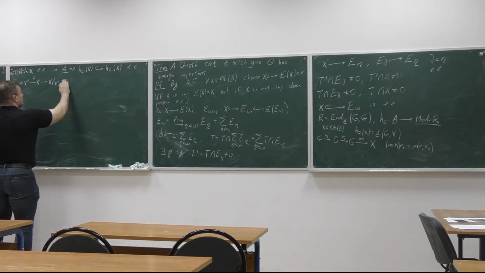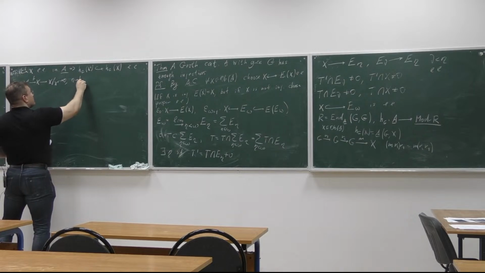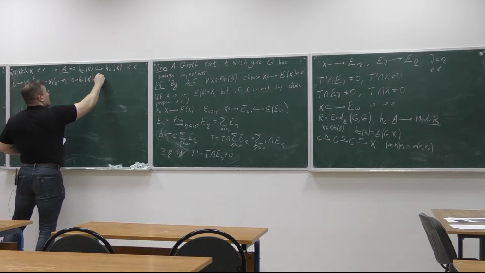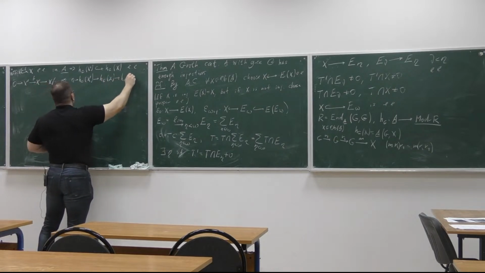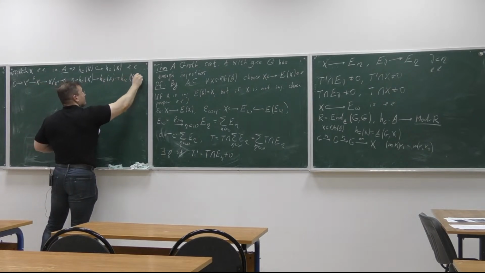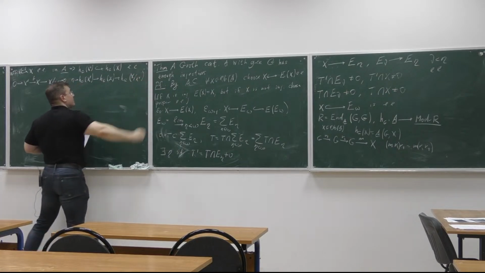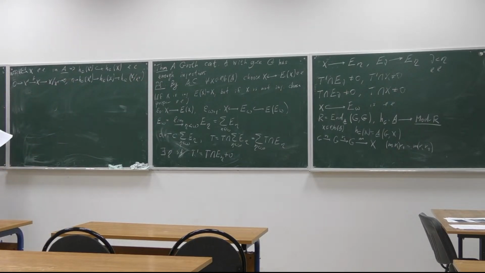So then, I have 0, H sub G of the X prime, H sub G of X, H sub G of the quotient. This is the left exactness of the Hom functor.